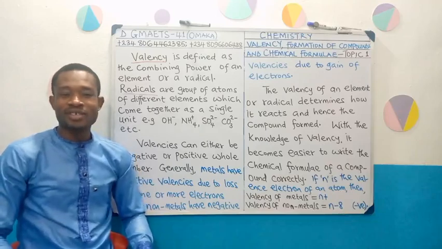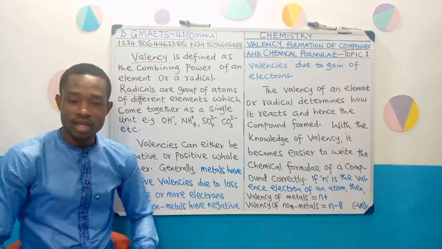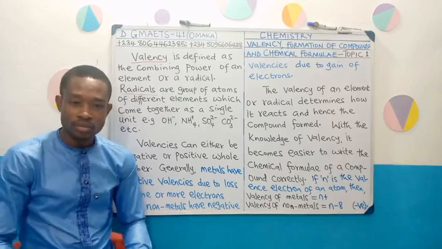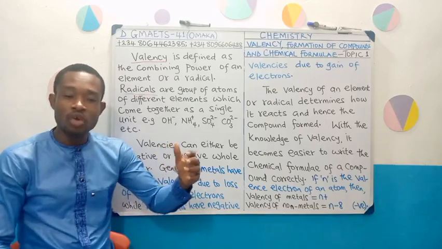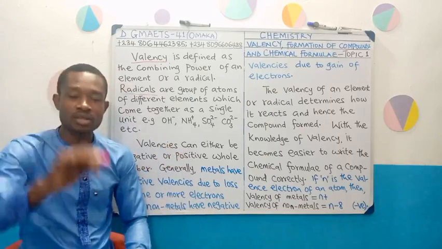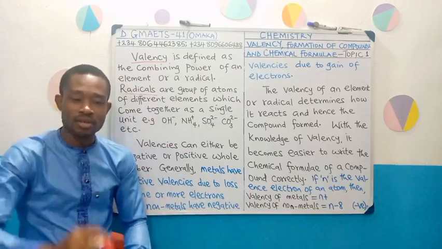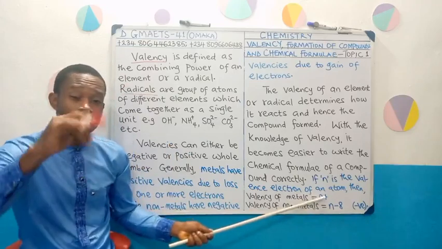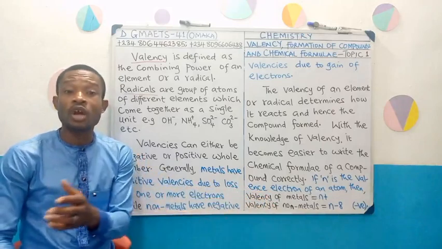That's why the valency of sodium is simply 1 plus. Valency of aluminium is 3 plus. Valency of magnesium is 2 plus. So it is simply the number of electrons in the outermost shell, and you put plus there. That's for metals.